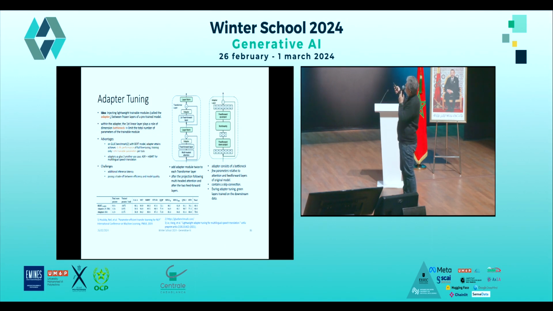We encode it into a smaller dimension. We decode again into a larger dimension. The dimensions of the adapter are much smaller than the ones in the model. So what we do is that we train only the adapters, and the rest of the model is fixed.